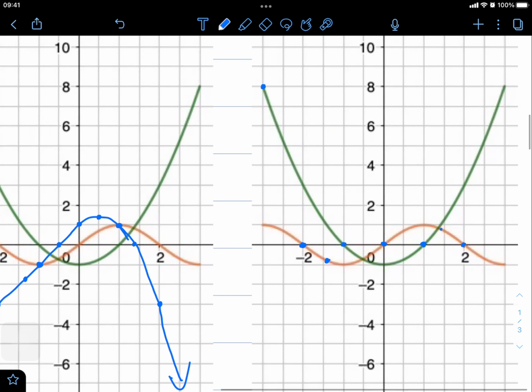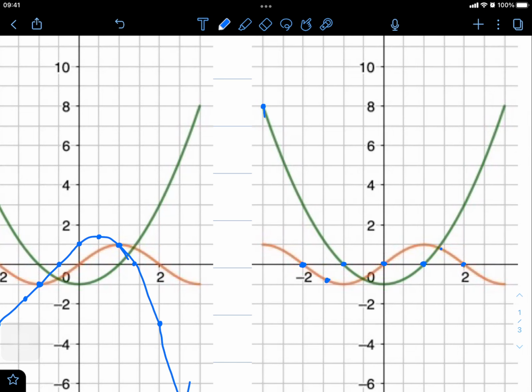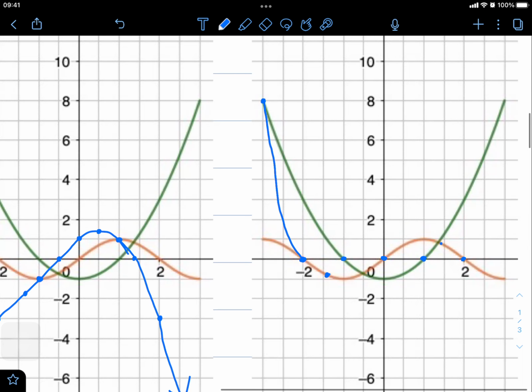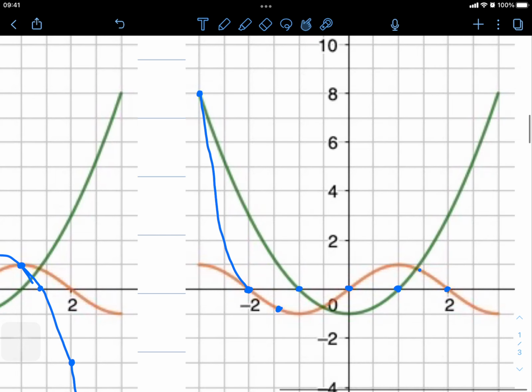So from this point to the left, f and g are both positive, so the product should be above. So it should be something like that.